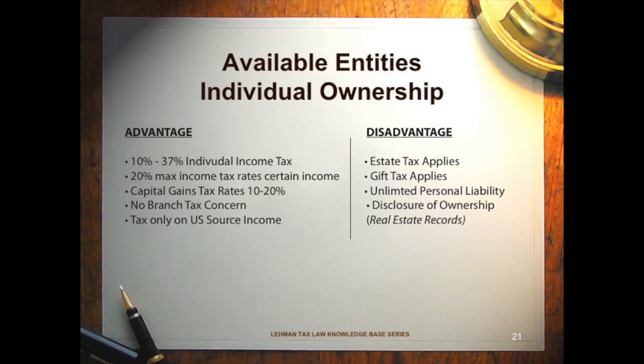And the other disadvantage is your ownership of whatever you buy here is going to be disclosed because you're going to be on the deed. So that's not really a highly recommended entity.